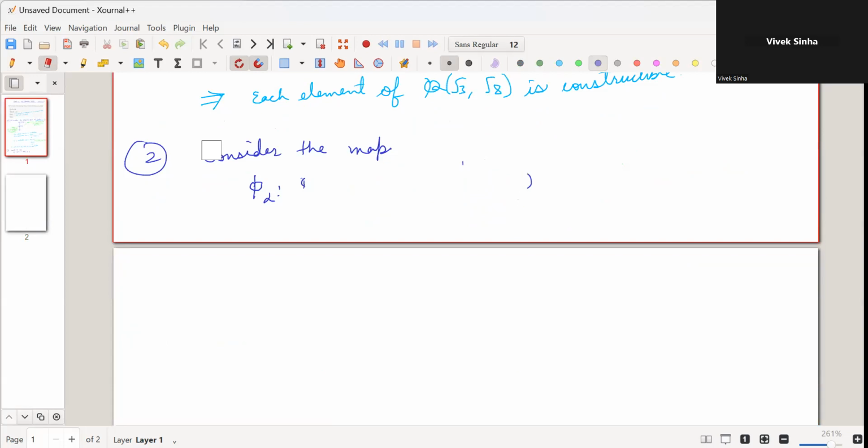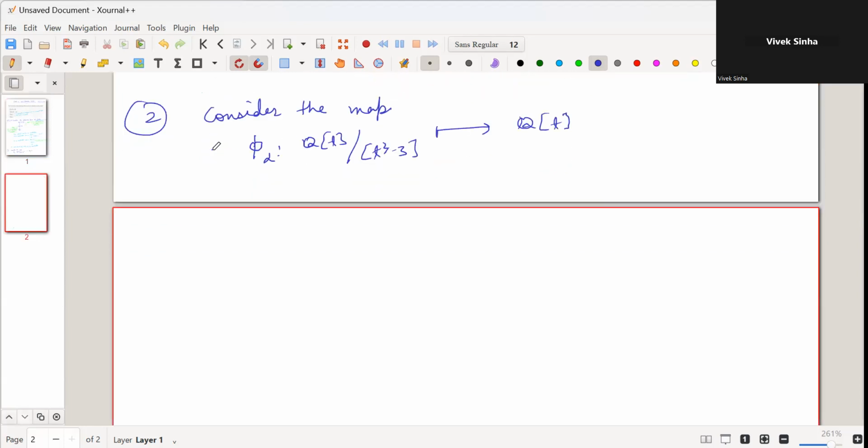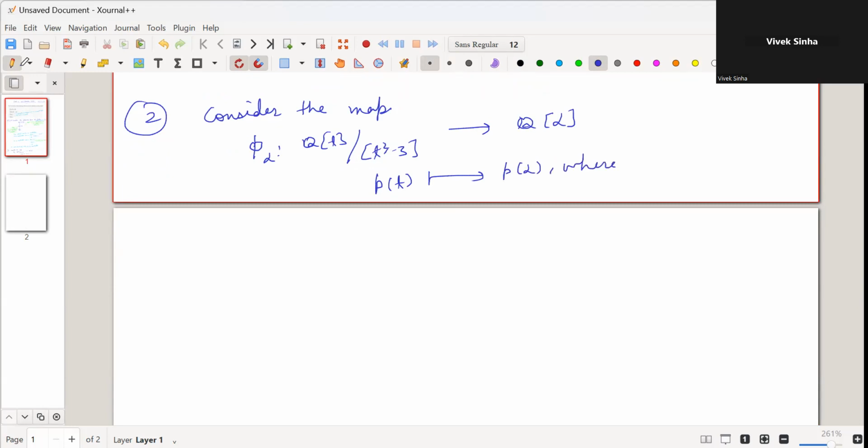It's from the other side: Q[t] to Q[t] by (t cube minus 3) to Q(alpha). So any polynomial p(t) will be mapped to p(alpha), where alpha is a root of t cube minus 3.